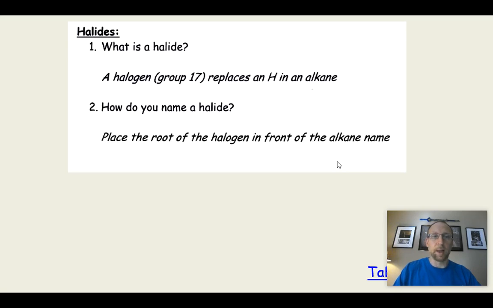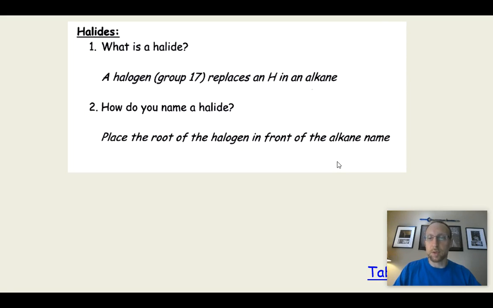So how do you name a halide? You're going to place the root of the halogen in front of the alkane name. All right. But now remember our rules that we talked about on the last slide, those common rules: number for location and multiples of the same get di, tri, etc. Those are going to carry out through all of our organic compounds.